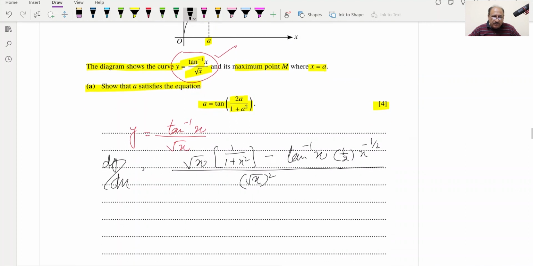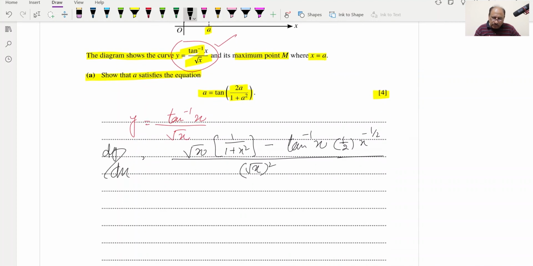Now after writing this derivative, we can put equal to 0. So dy by dx will be equal to 0 for maximum point. For the maximum point m, so we will write 0 is equal to under root of this one. We can replace a value also because x is equal to a.